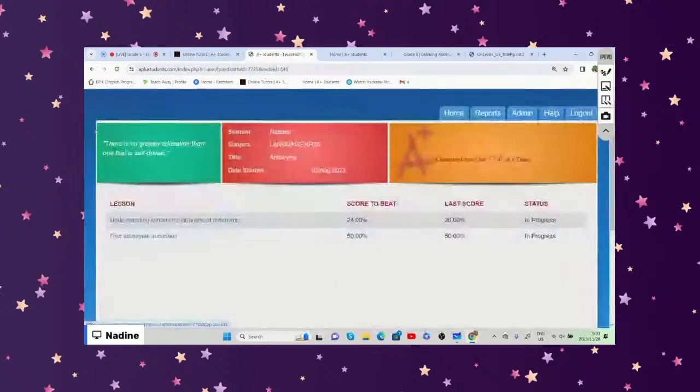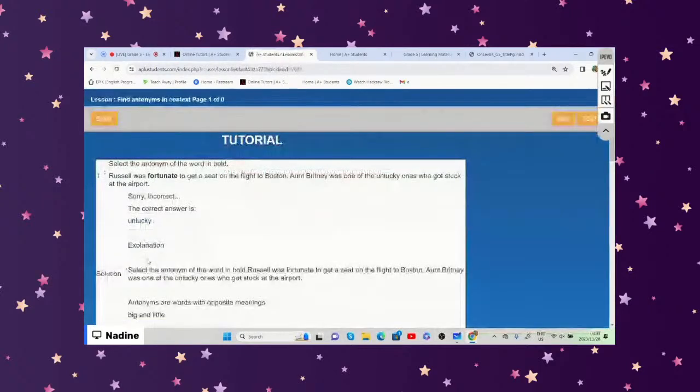All right, so now we're going on to finding antonyms in context. And we said antonyms are words with opposite meaning, right? So you'll have a specific word, and then antonyms are the words that have the opposite meaning of that specific word that you were looking for.